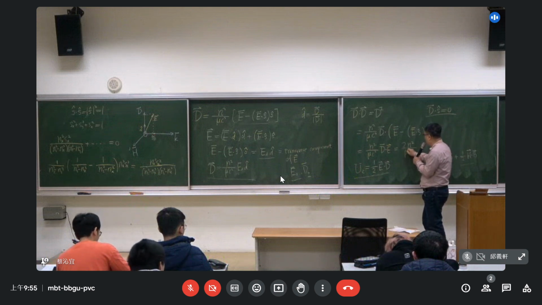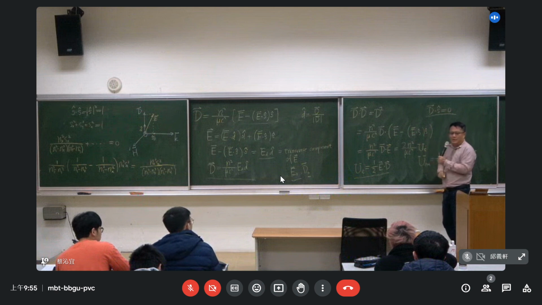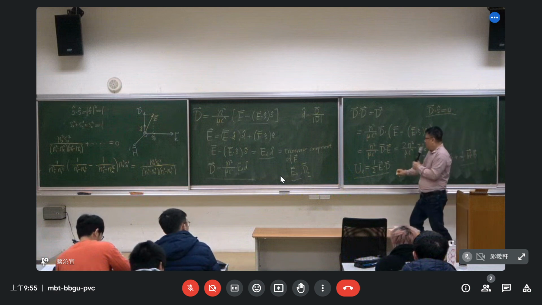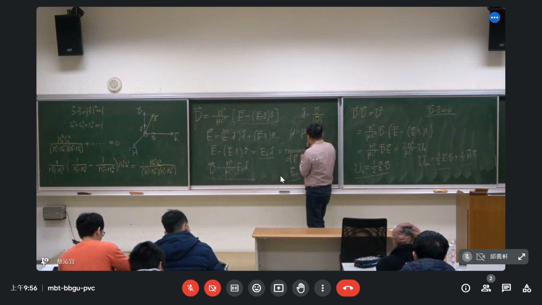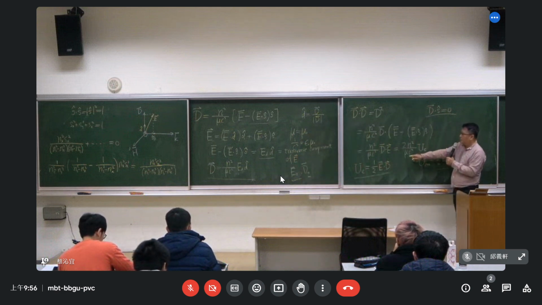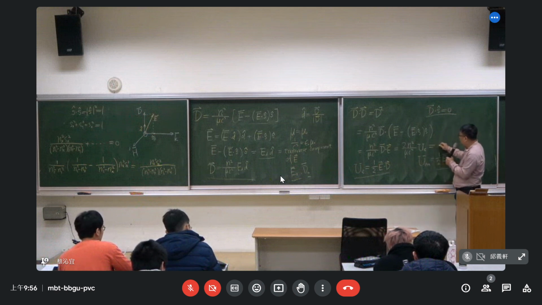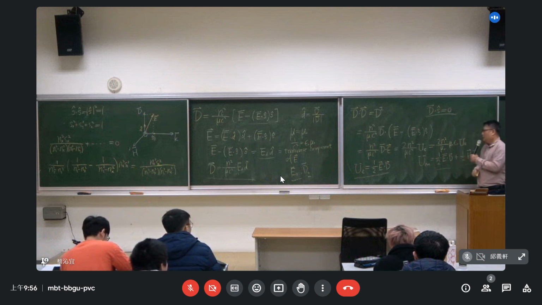So this is in fact equal to 2n squared over mu C squared times U_E. However, I have already told you that in optics, usually mu is very close to mu0, and 1 over c squared is equal to epsilon 0 times mu0. So this means that we have 2n squared over mu0 times mu0 epsilon 0 times U_E.